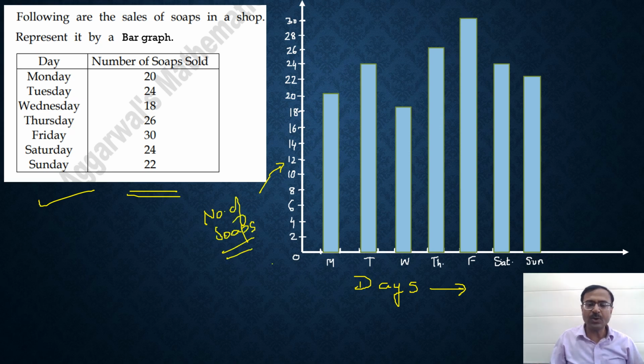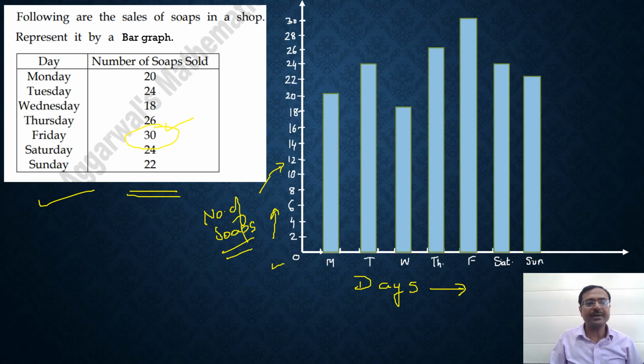We start with 0, and then I have moved vertically by leaving a gap of 1, because I cannot write all the numbers up to the highest number. The highest number here is 30, and 30 is a big number, right? I can't write 1, 2, 3, 4, 5, 6. I will not have that many centimeters on the y-axis, and that's why I skipped and took a scale of 1 centimeter equal to 2 soaps, and that's why I used up only 15 centimeters on the y-axis.